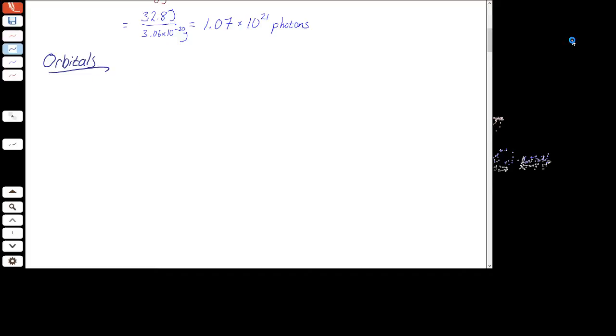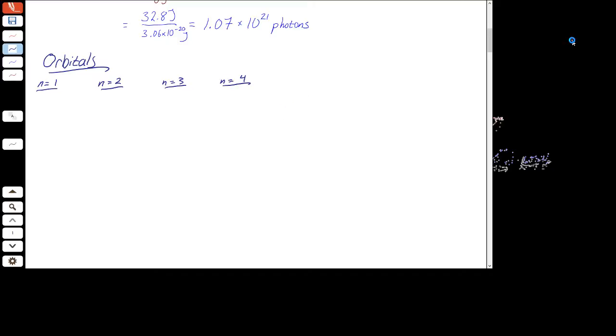So we can look at each different n level, and we can say which orbitals are actually in that n level. We've got the n equals 1 level, n equals 2, n equals 3, and n equals 4, and we'll just leave it at that for now.